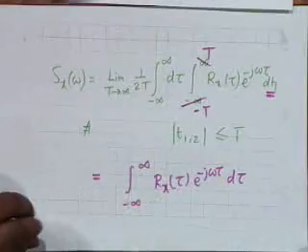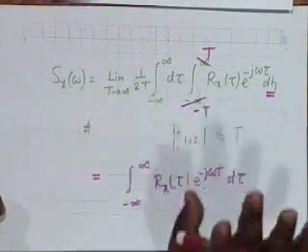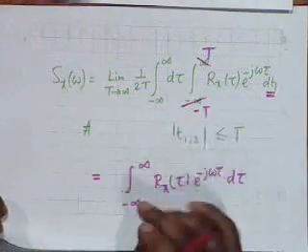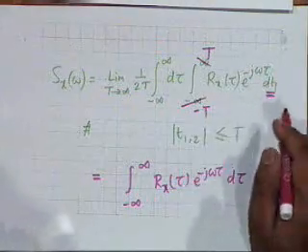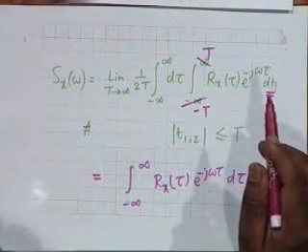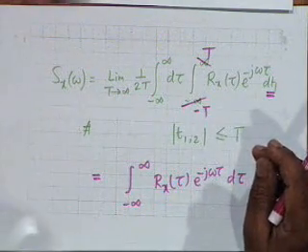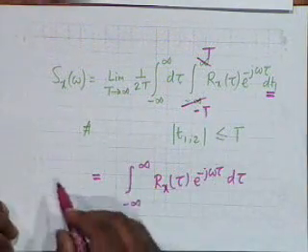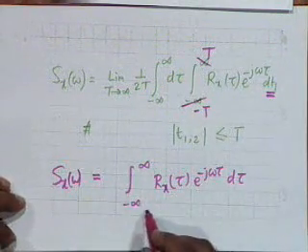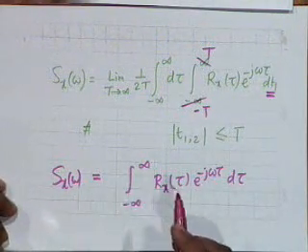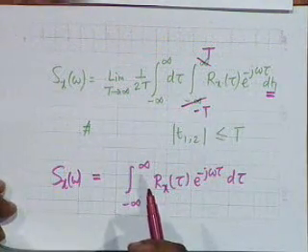There are several steps that we are doing, but each is a valid step. We are not making any approximation. It's just transformation of variables and recognizing that integration with respect to t1 exists only from minus capital T to plus capital T. And this is a very well-known relation which says that the spectral density must be the Fourier transform of the autocorrelation function.